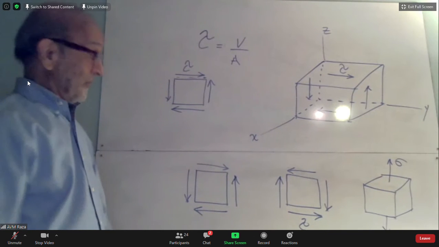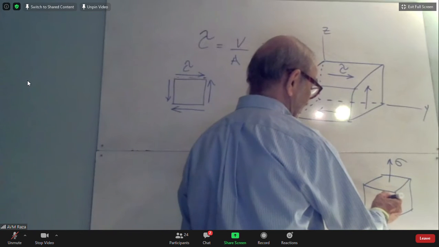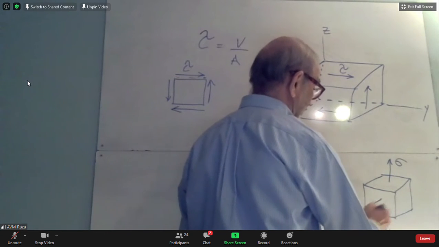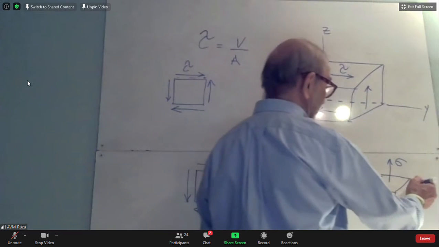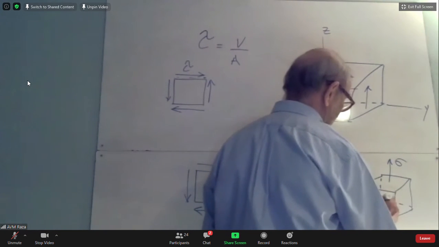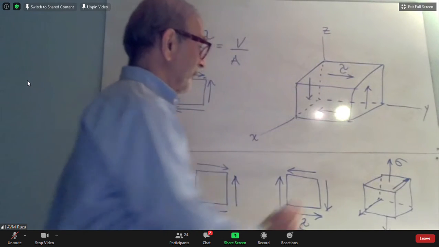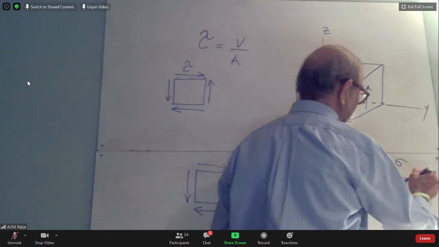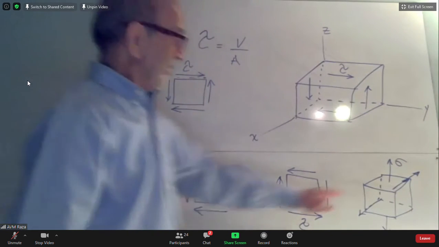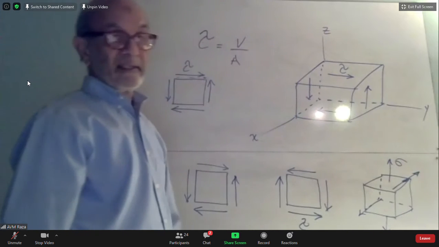All right. There could be more normal stresses. I could have another normal stress on this face, for example. Then to balance this, there would be one on the back face also. I don't know how to draw it in 3 dimensions, but there will be a normal stress. To balance this one, there will be another one on the back face.